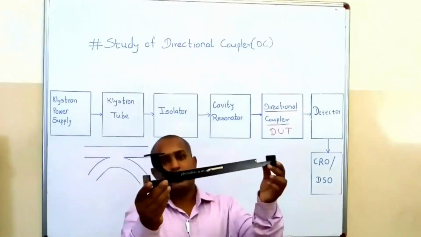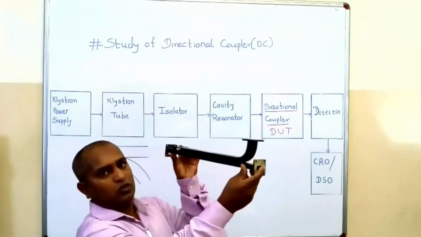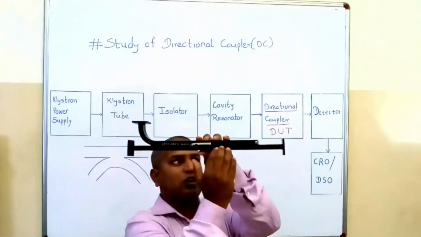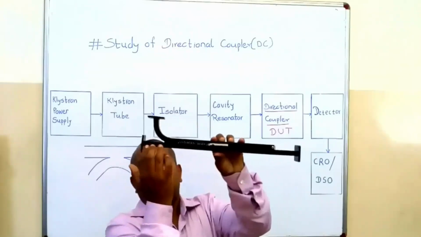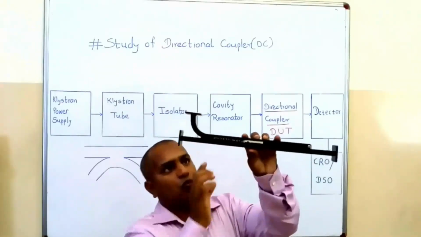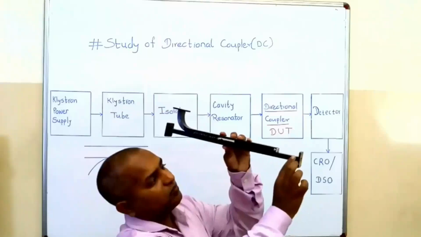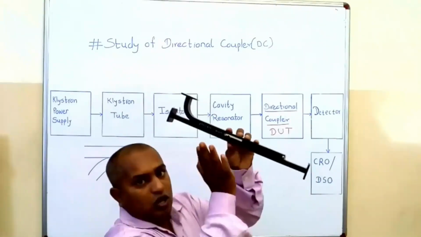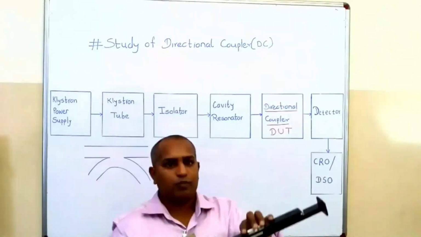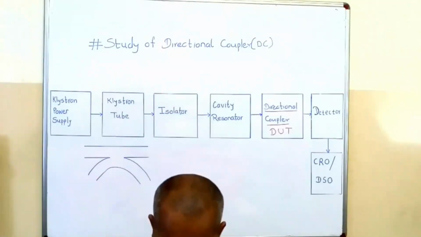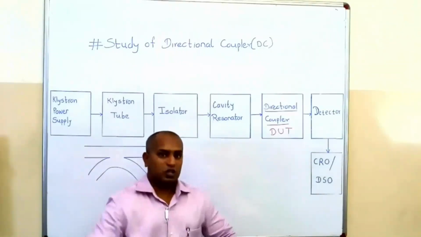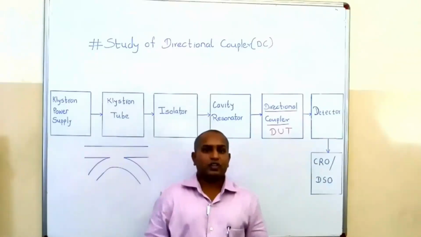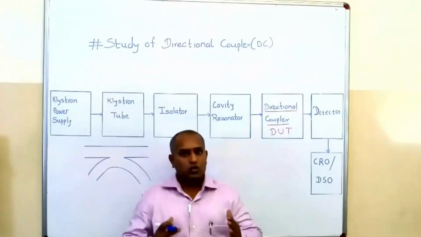This directional coupler is made from two waveguides, one a primary waveguide and another a secondary waveguide. I will explain the structure and working on the board first, because you can understand very easily how we can design a directional coupler by using two waveguides.